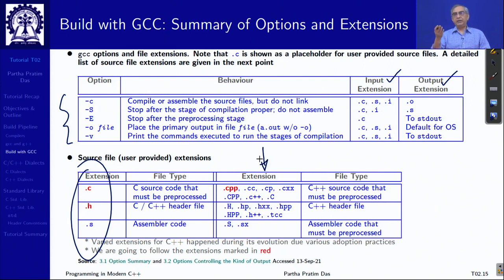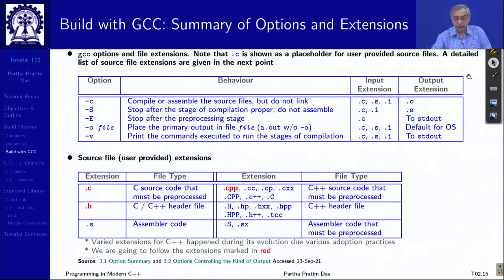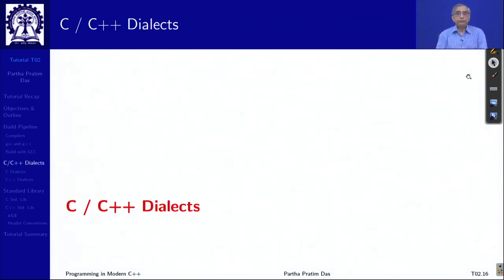So, learn what extensions mean what, but the most common and standard extensions are highlighted in red. When you are writing, try to always follow this convention, and that is what we are going to do. Okay. So, this was the basic stuff that I wanted to discuss with you in this tutorial.